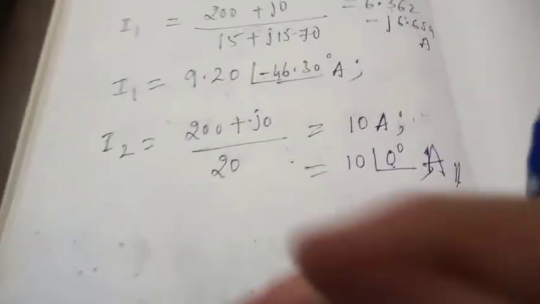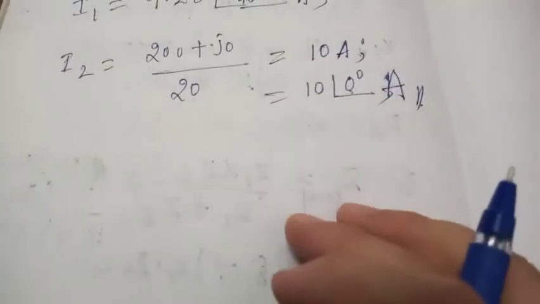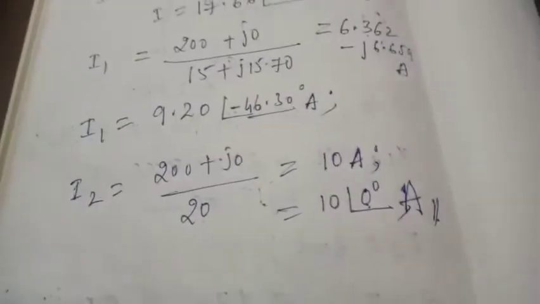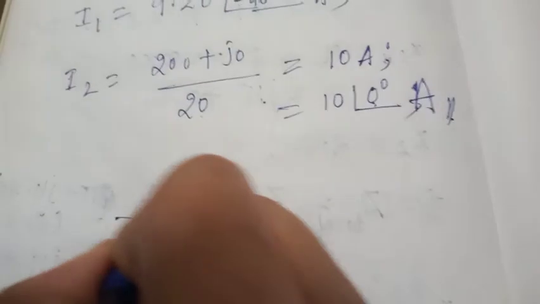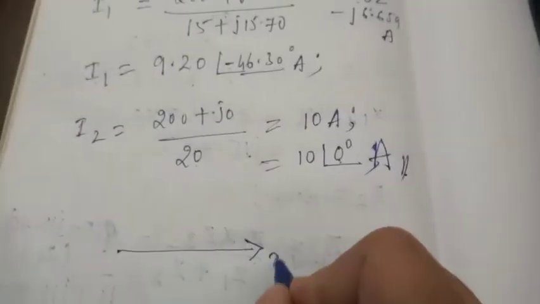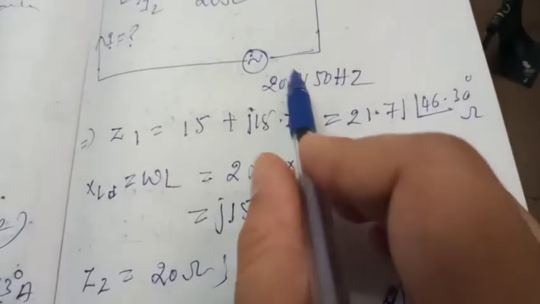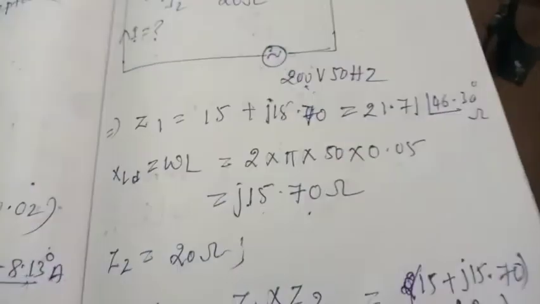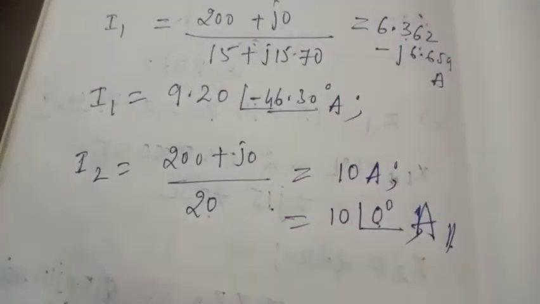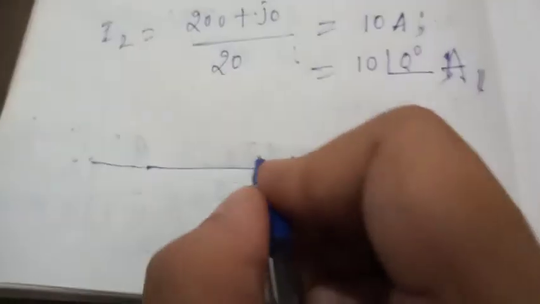So now if I want to draw the vector diagram in continuation of this problem, if they have asked you to draw the vector diagram, you should take a reference. I have told you the reference is 200 at an angle of 0 degrees. No angles are given, so you take voltage as reference. So voltage is 200.